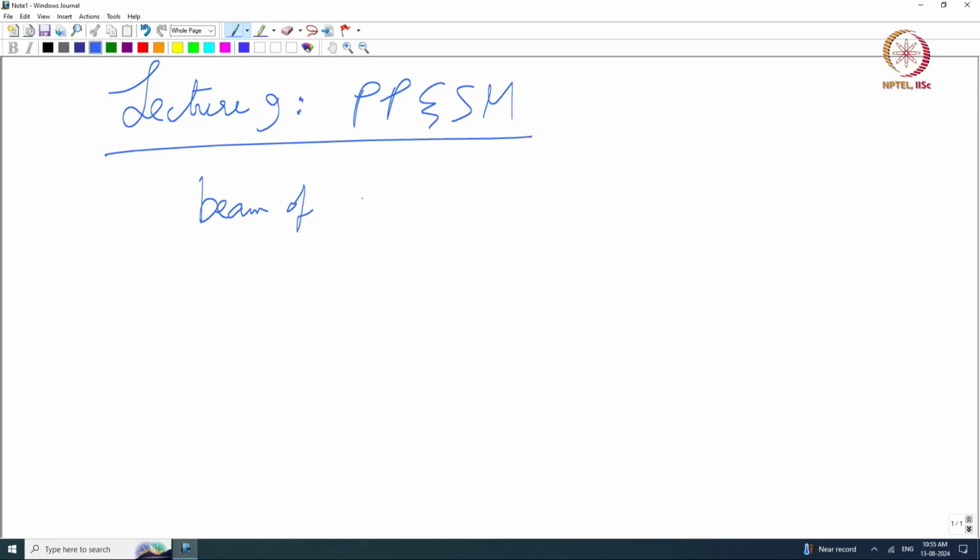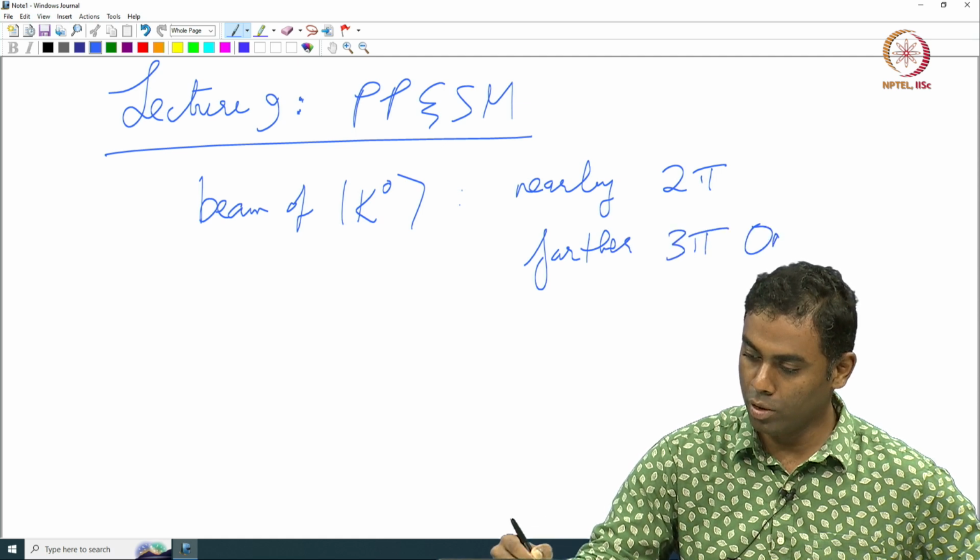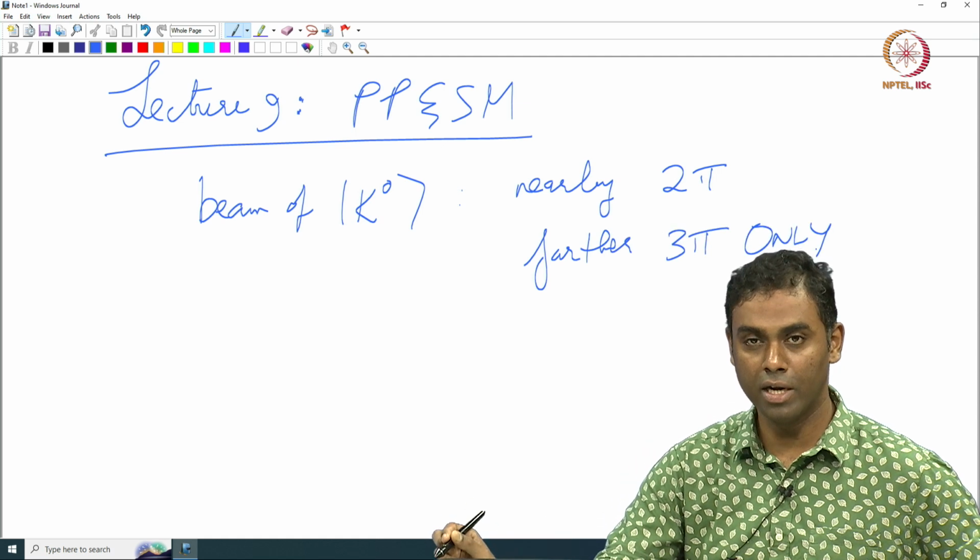So if you prepared a beam of the K0 state, then nearby you expect lots of 2 pions, and then far away you expect to get only 3 pions, right.